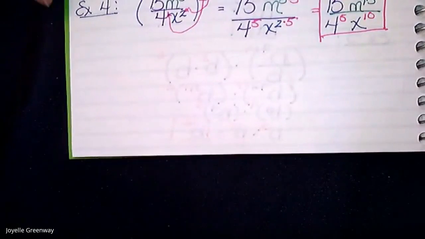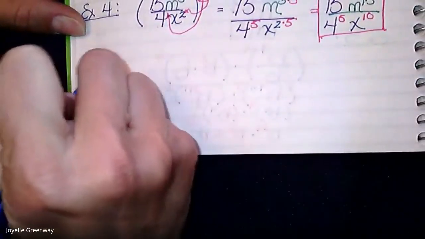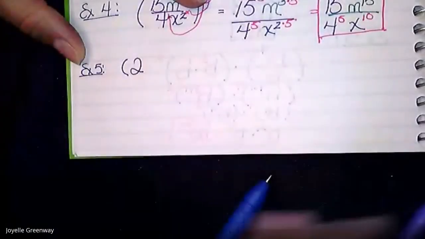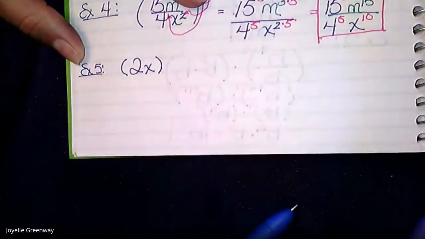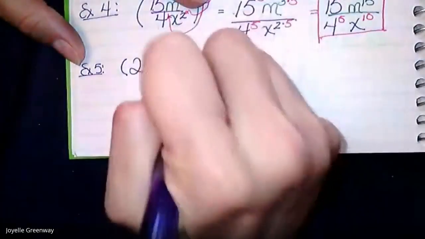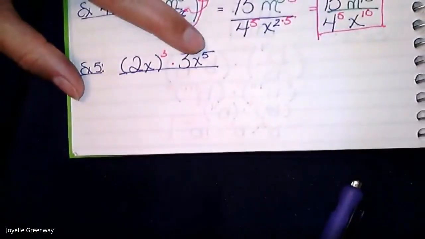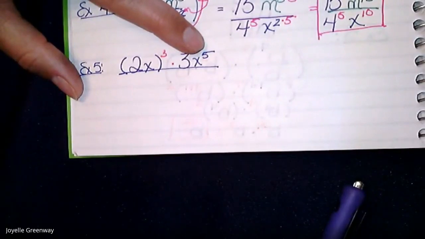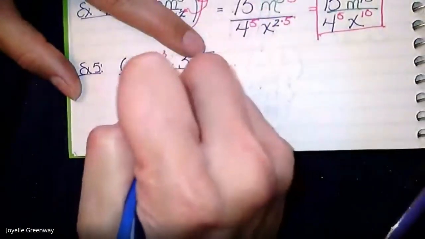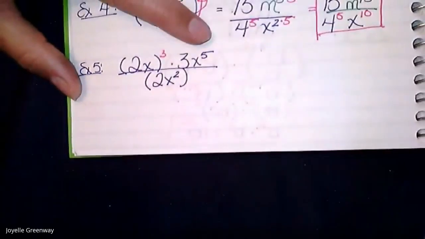All right, last example. So example 5. We have 2x cubed times 3x to the 5th divided by 2x squared to the 4th.